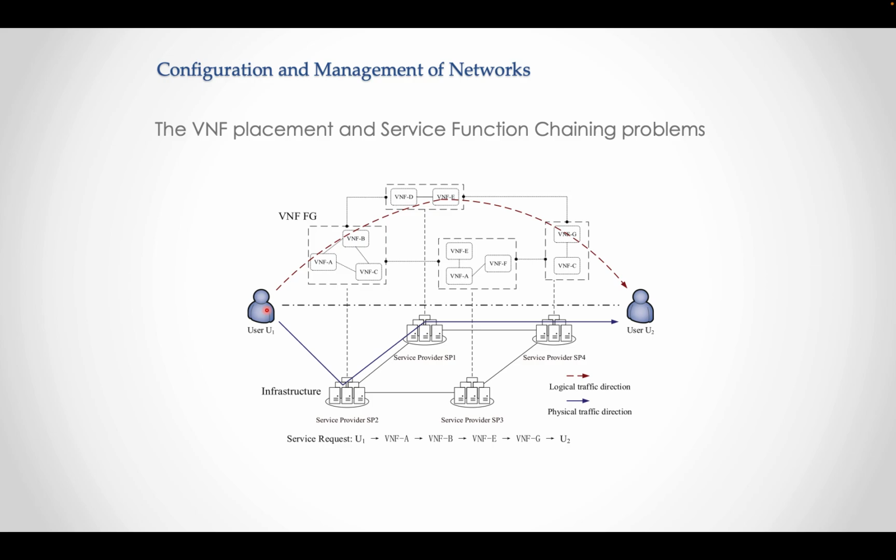This virtual network service chain can be thought of as a slice, for example, because it's a service for a given use. In this case, the request is that I need network function A, network function B, network function E, network function G, and it has to be connected in this order between these two points, which here are users, but it could be anything, okay?